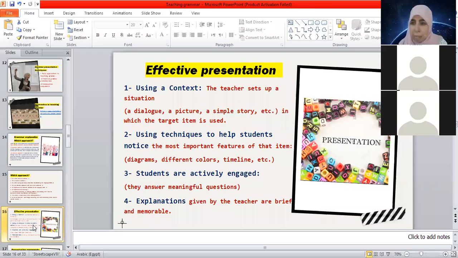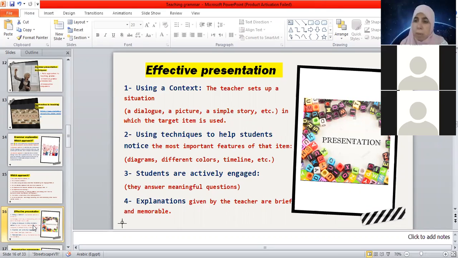And this context is up to you. It can be in the textbook itself, like in Connect and Connect Plus. In each unit, we have a listening lesson at the very beginning. It's a conversation or a dialogue between two people or more.